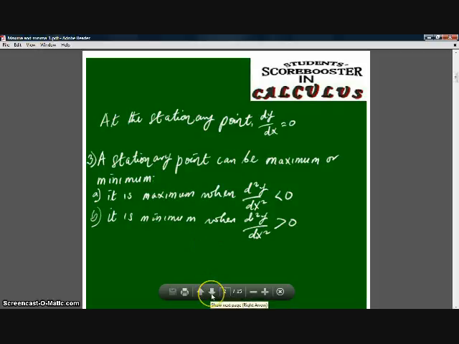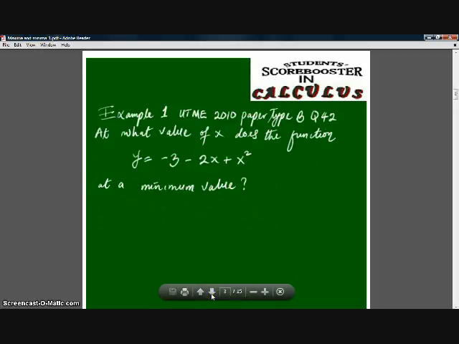So let's go to some examples. Example 1. This was taken from UTME 2010, paper type B, question 42 of that year.